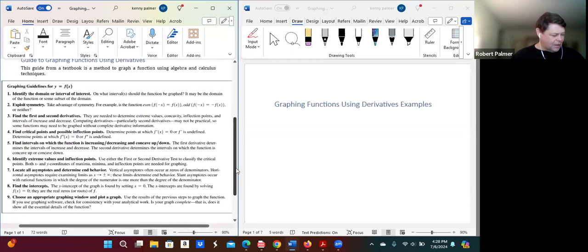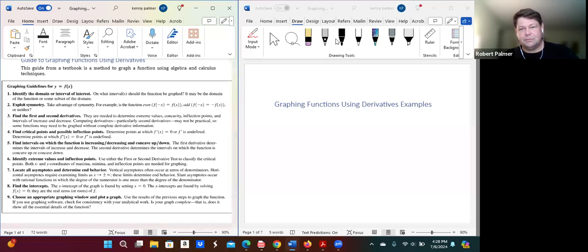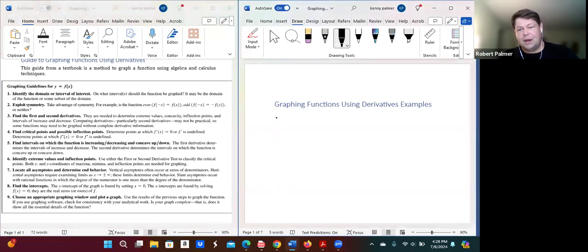So let's take a look at a couple examples. First, our directions will be to graph the function.